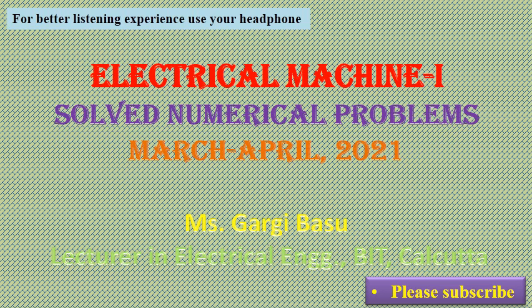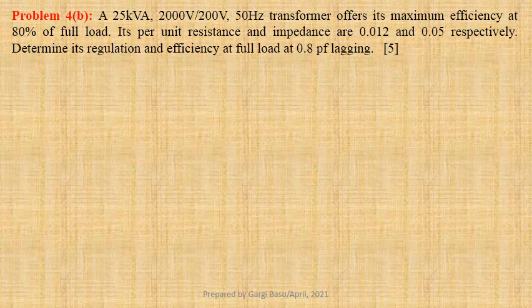Today we are going to solve numerical problems from Electrical Machine 1 online mode semester examination paper held in March-April 2021, conducted by West Bengal State Council of Technical Education. Problem number 4b.